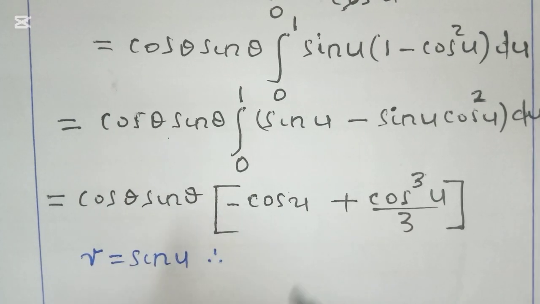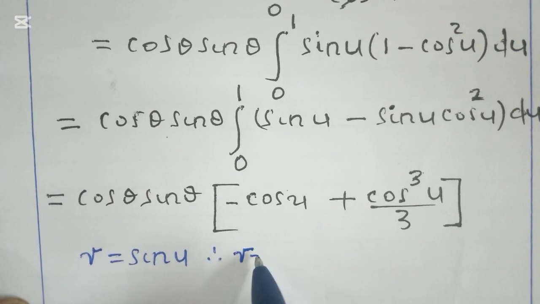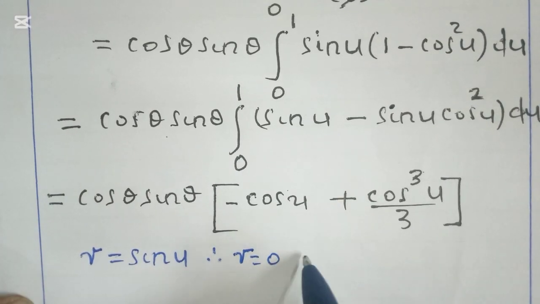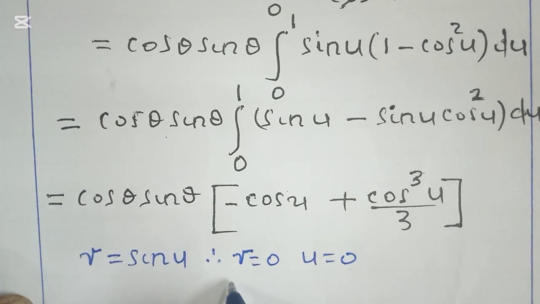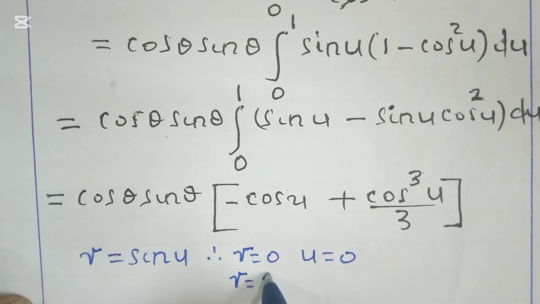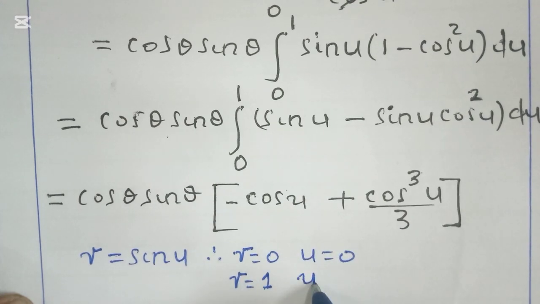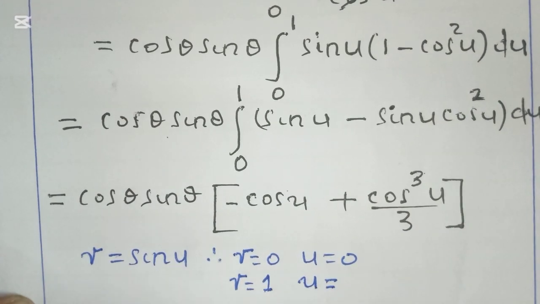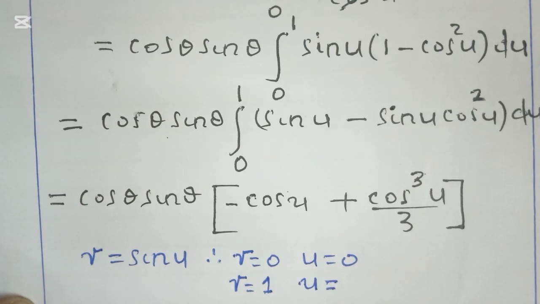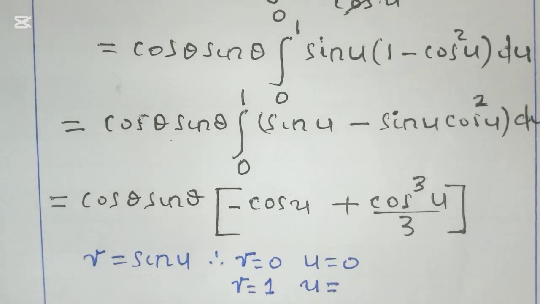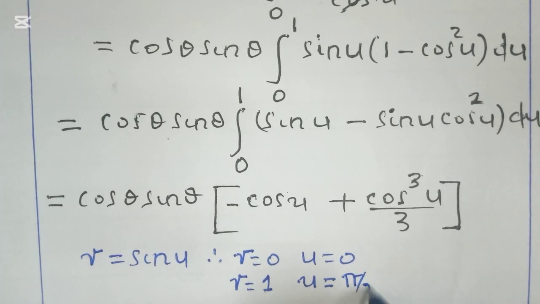Therefore, when R equals 0, U is supposed to be equal to 0. When R equals 1, then U is also equal to pi over 2, pi all over 2.